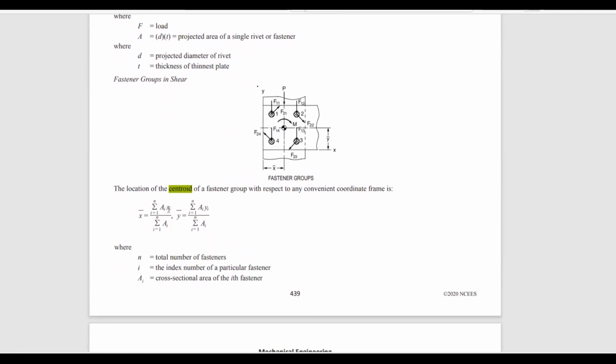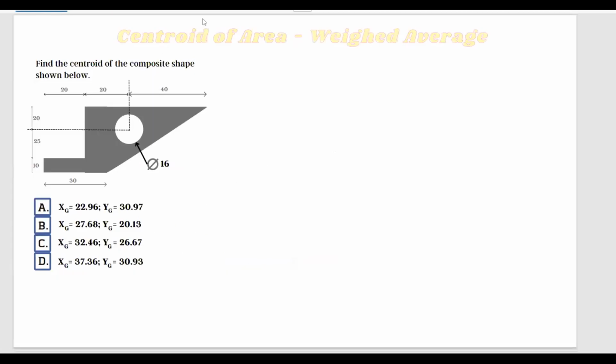The formula for the centroid is the sum of Ai xi over the sum of Ai, or the sum of area multiplied by x divided by the sum of area. That's for the x value of the centroid, and the y value of the centroid is the sum of area multiplied by y values divided by the sum of areas. Let's write this down.